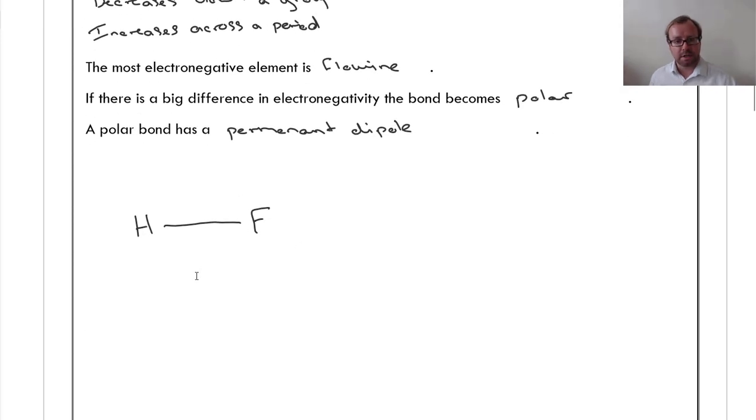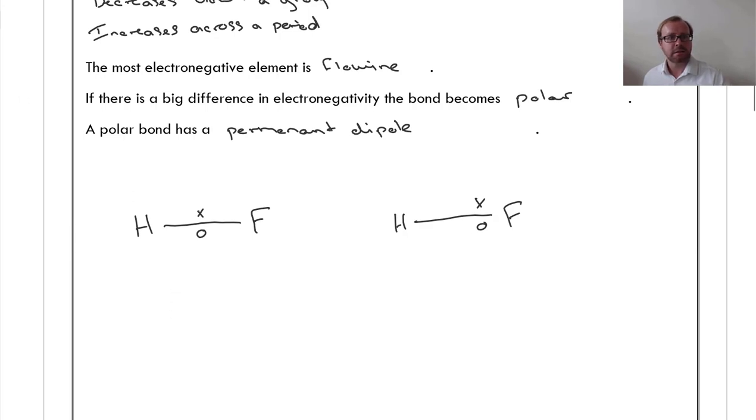Fluorine is very electronegative, hydrogen is not. If I was going to draw the electrons in this covalent bond, I might draw them in the middle. However, that's not what happens. Because fluorine is more electronegative than hydrogen, the electrons are drawn towards the fluorine atom.